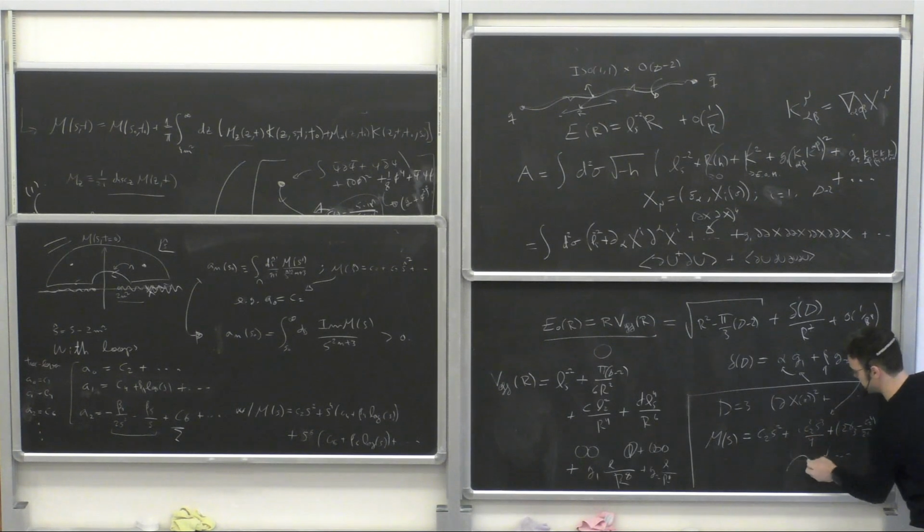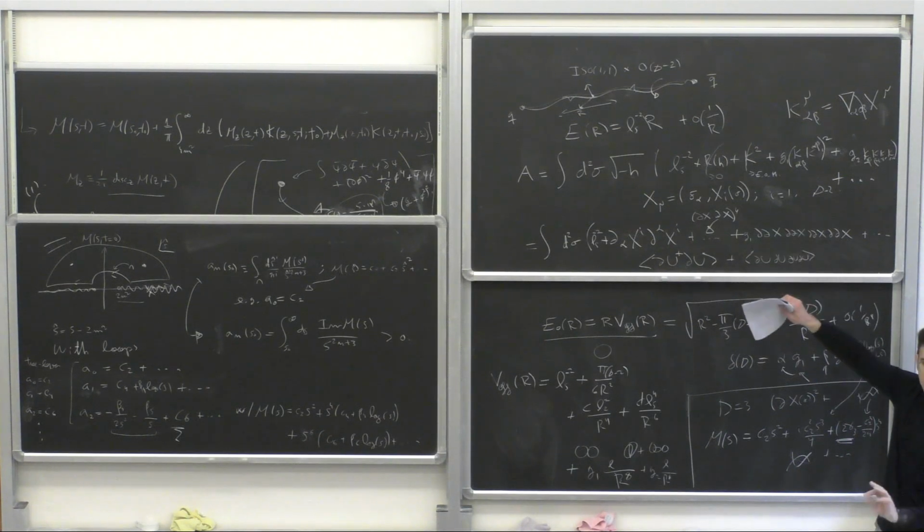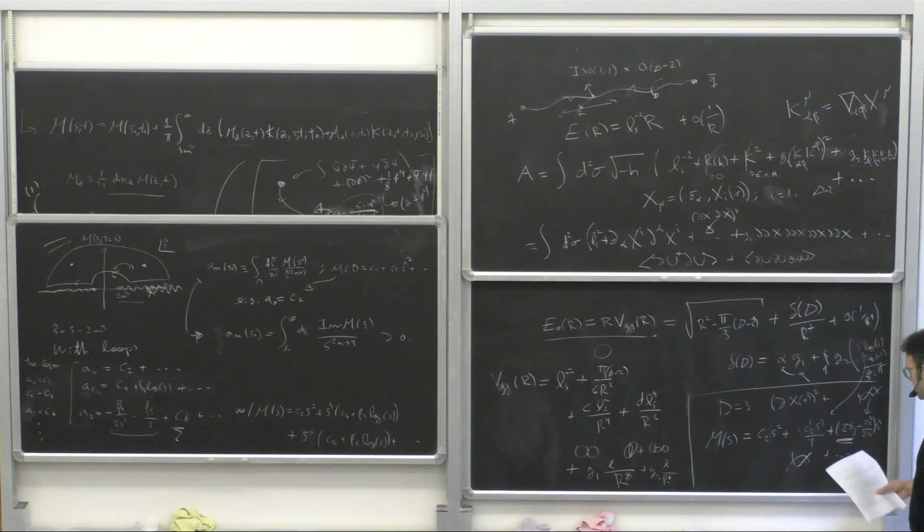So this is this diagram here, okay? And then we have this diagram here, which is 2 loops, and it gives you this C2 cube. And then there is this gamma 3, and this gamma 3 is again a linear combination of G1 and G2, okay?